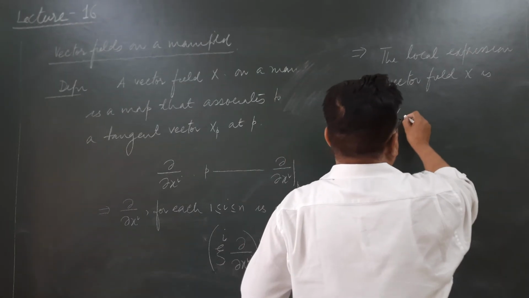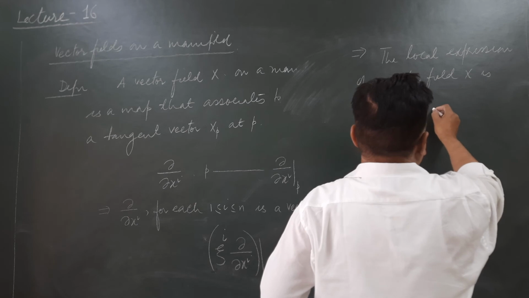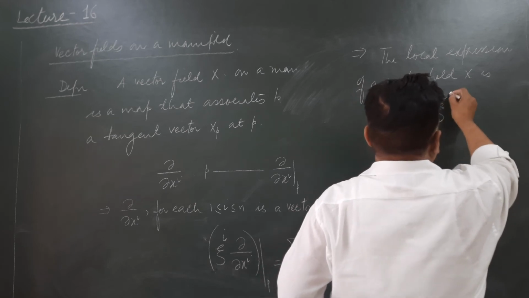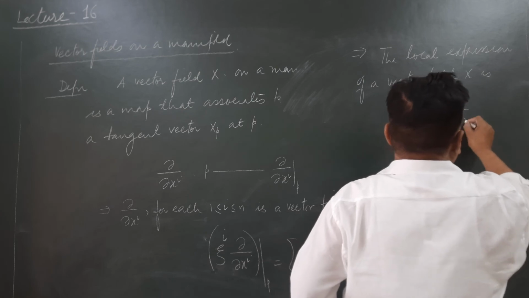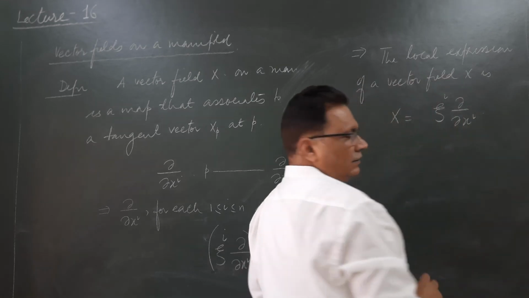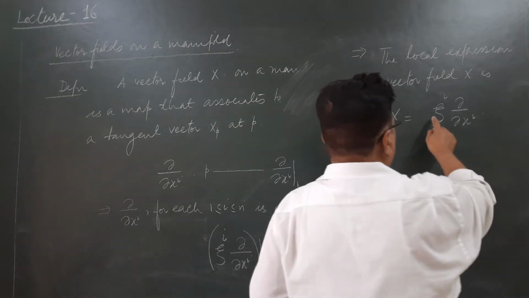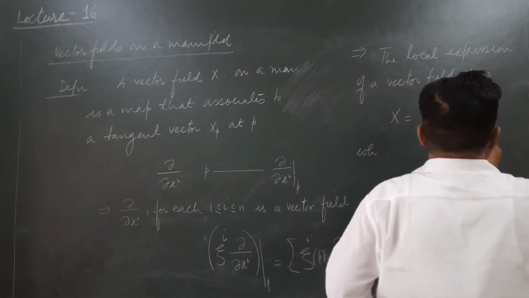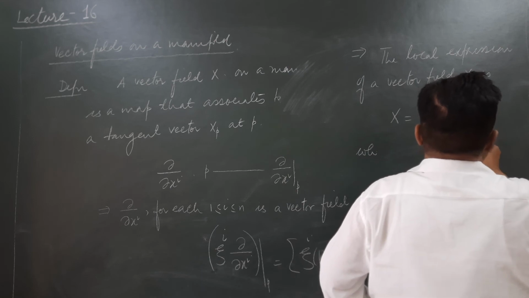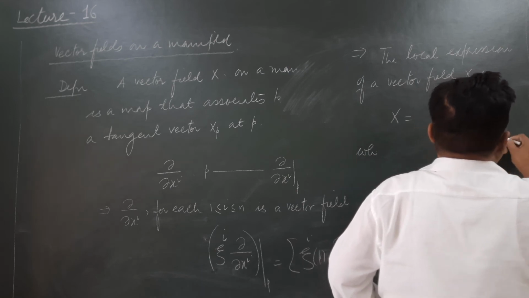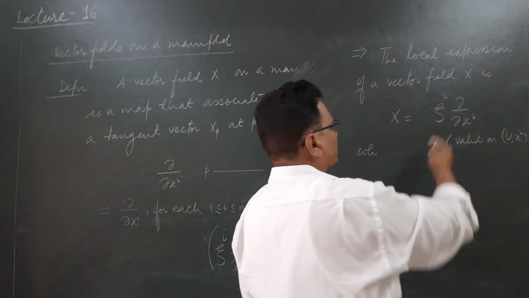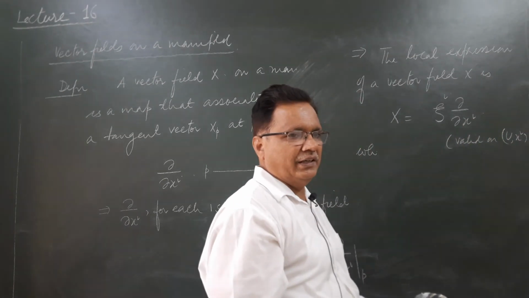So that will be some ξ^i into ∂/∂x^i, where the ξ^i are functions, and this is valid on the coordinate neighborhood U, x^i. Because the expression contains x^i, it is valid only there.